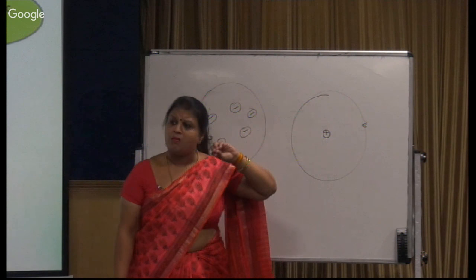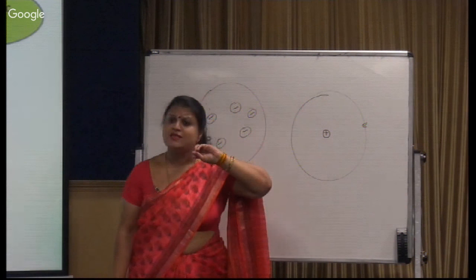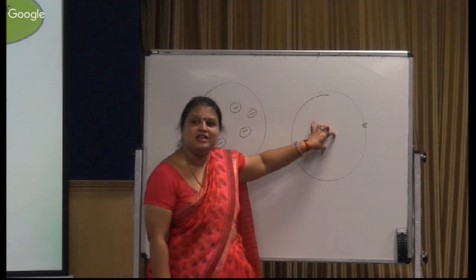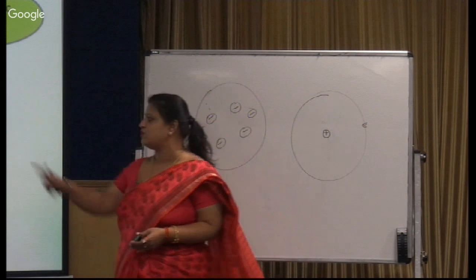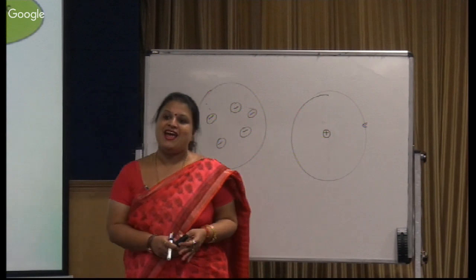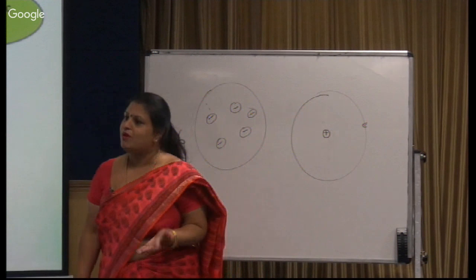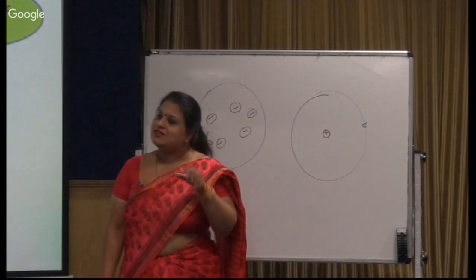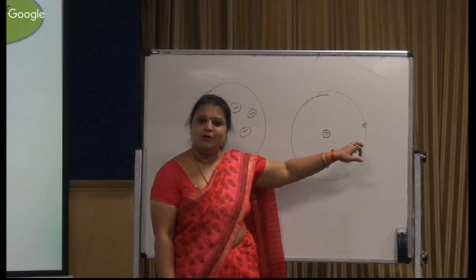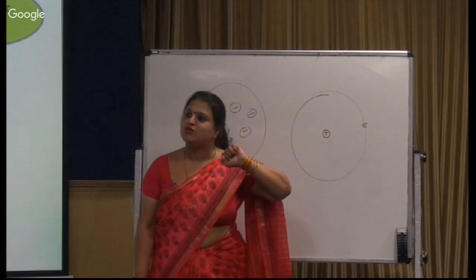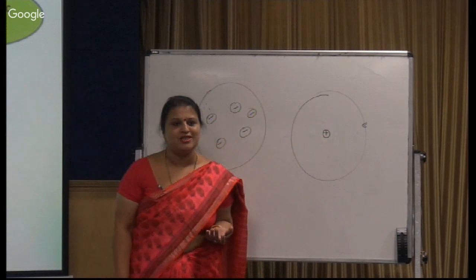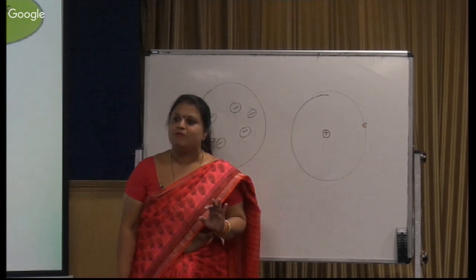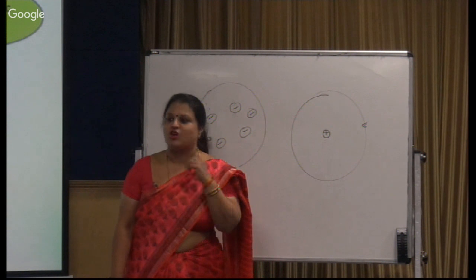Now, the problem that arises was that this positively charged portion, initially, was thought to be made up of only protons, and hence the atomic number, which is also equal to the number of protons, should be the mass of the atom also. But experimentally, it was found that the mass of the nuclei was much higher than the atomic number.